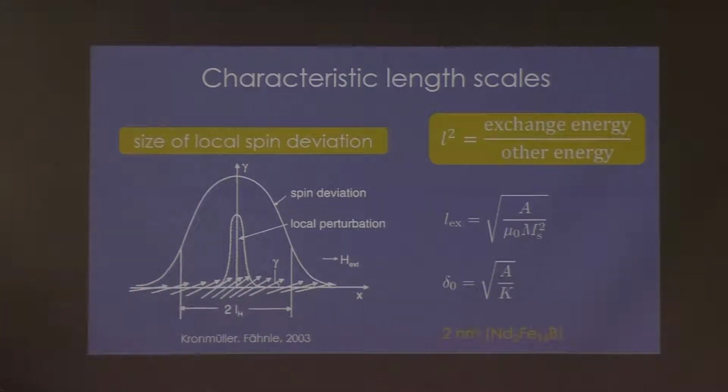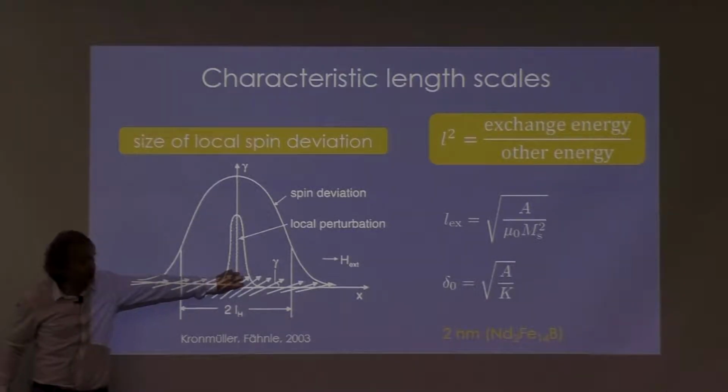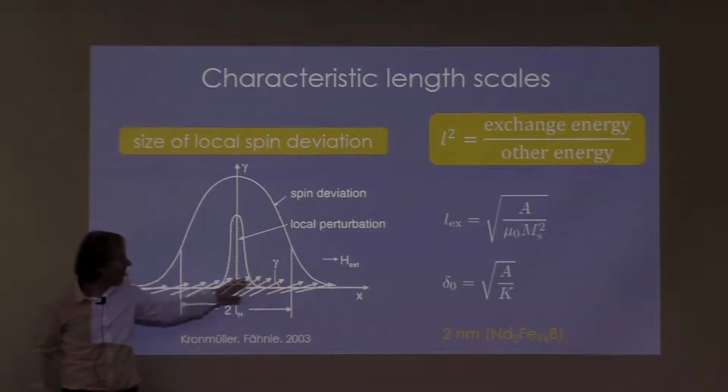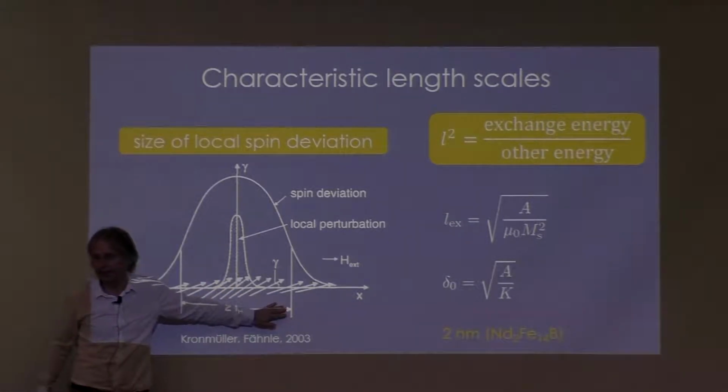We see that even if we locally perturb our magnetic moments, the spread in the spin deviation is much larger, and this distance here is the characteristic length scale.